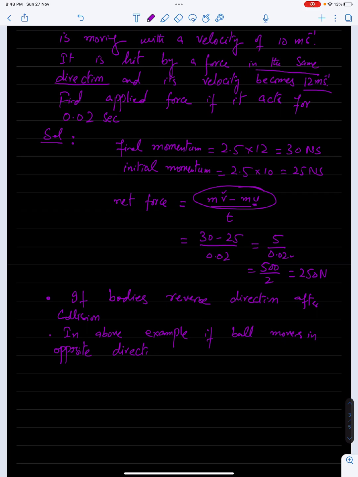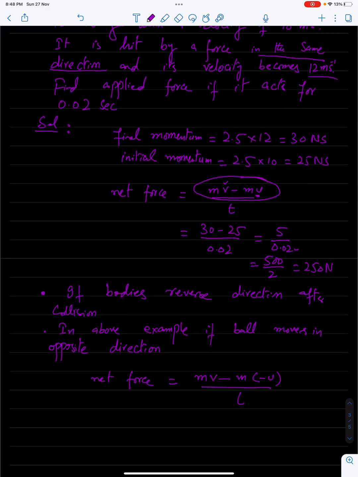So in this case, net force will become mv minus m times minus u over t, because of reversal of direction the other velocity is taken as negative, so it will become mv plus mu over t.